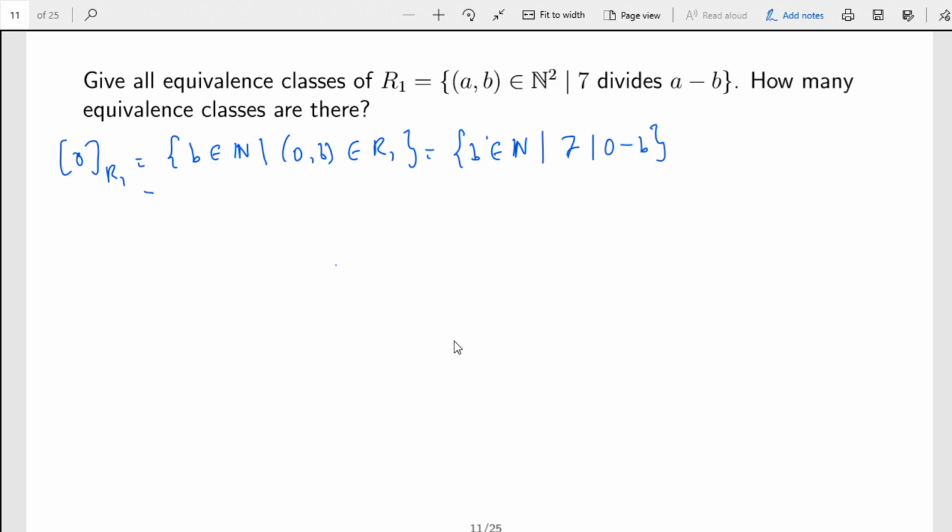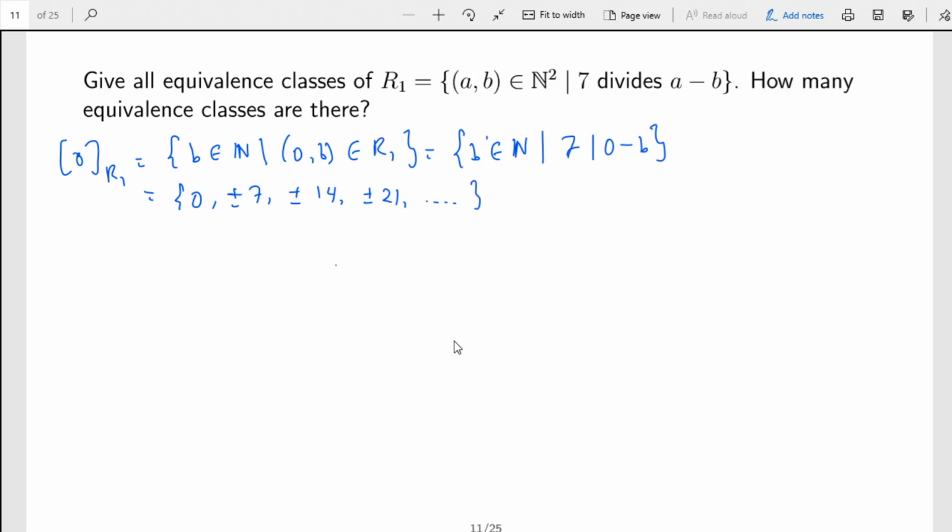What are these numbers? Well, obviously 0 is there, because 0 minus 0 is divisible by 7. But so is 7 and minus 7. So you have plus minus 7, plus minus 14, plus minus 21, and so on.